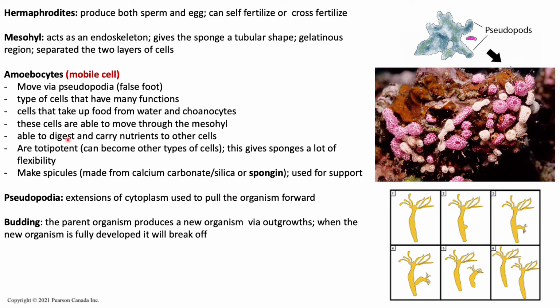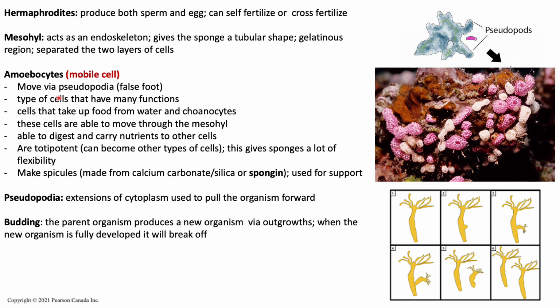So we've talked about our amoebocytes. So they have that pseudopodia. It has many functions, including digestion and taking up food, not only from the water, but from the choanocytes as well. They are able to move through the mesohyl, and they are totipotent. This is very important. Totipotent means that they can become other types of cells.